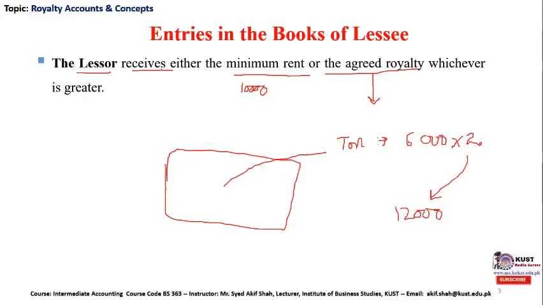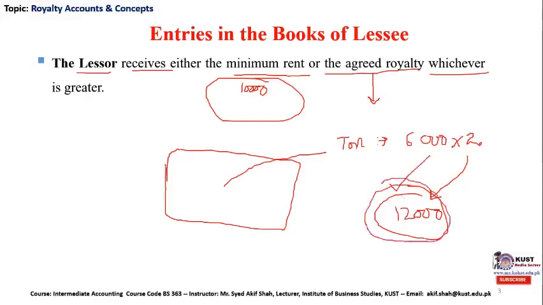So this statement means that the lessor will receive either the 10,000 minimum rent or the royalty fee, whichever is greater. Now in this case, the royalty fee is greater than the minimum rent, so therefore the landlord will receive 12,000 rupees rather than 10,000 minimum rent.